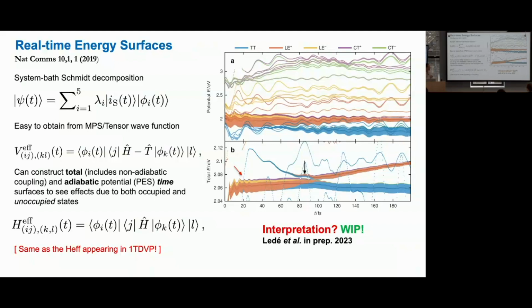We can also do this including non-adiabatic couplings, which turns out essentially to be the effective Hamiltonian. And here, very quickly, we started on the upper surface. As we go along, there is non-adiabatic decay from that surface down onto the lower surface. That's one way of seeing fission here.